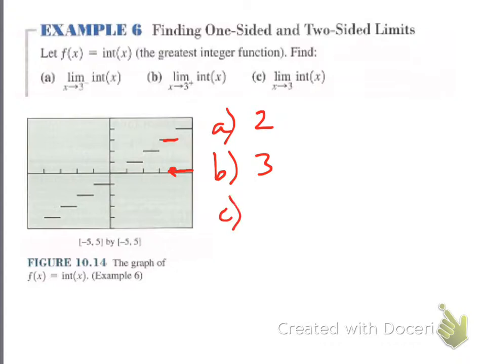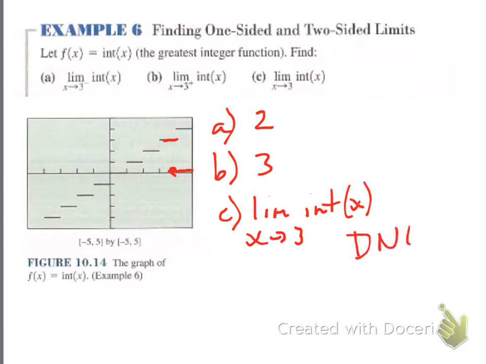So the limit as x approaches 3 of the greatest integer of x does not exist because 2 does not equal 3. Okay? So the left-hand limit and the right-hand limit must be equal. If they're not, there is no limit overall.